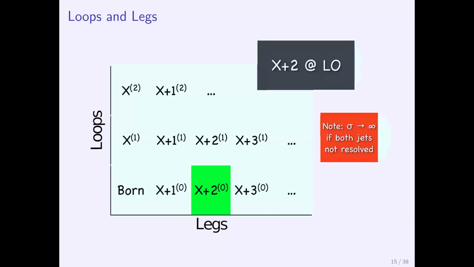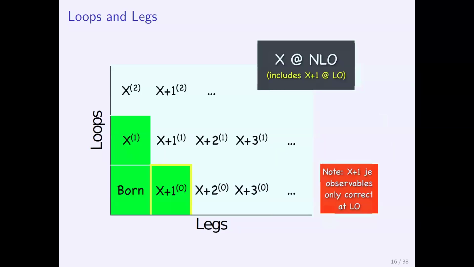So in terms of what this looks like, there's this important thing here, X plus 2 at leading order, that is really quite important for many LHC processes because you need these additional things. So here we have 2 additional jets. So this would be something like a 2 to 4 process instead of a 2 to 2 process. Or let's say we're doing something like q q-bar going to Z. Then here, this would just be the Z being produced. Here it'd be the Z being produced with 2 jets.